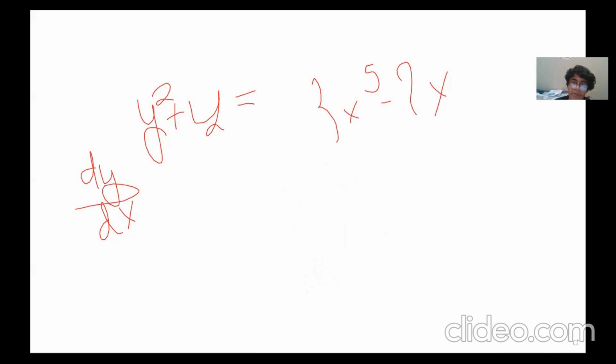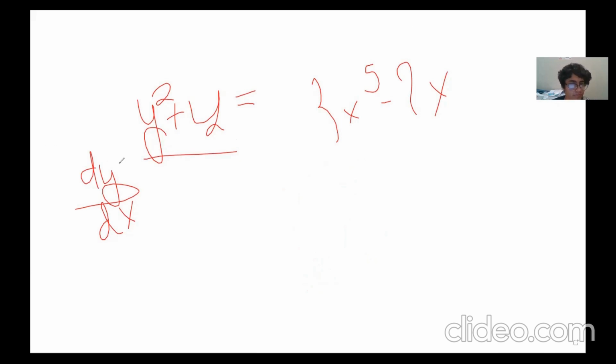So what this is saying is, there's a compacted relation between x and y, the relation between those two variables. Changing the x will change the y, of course. That's what dy dx is saying.